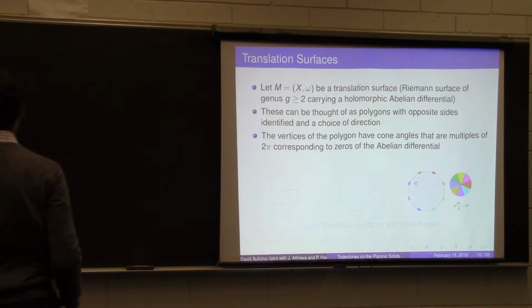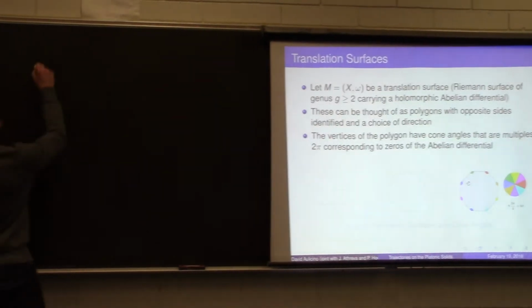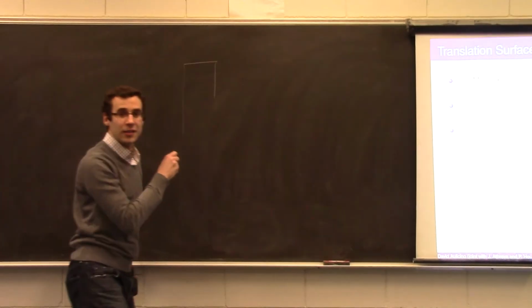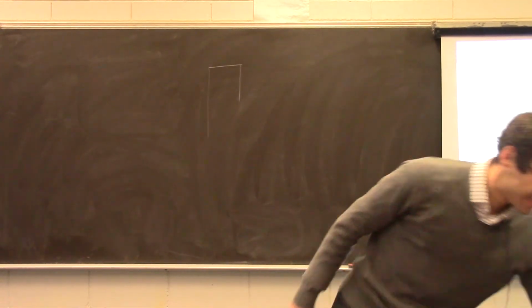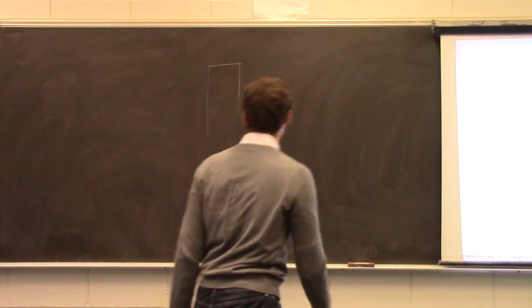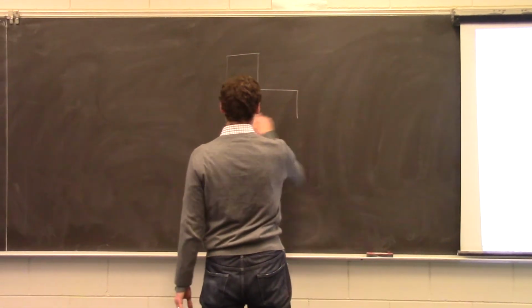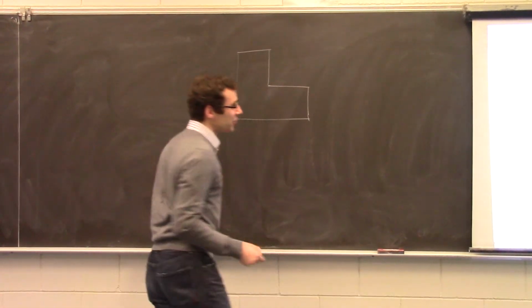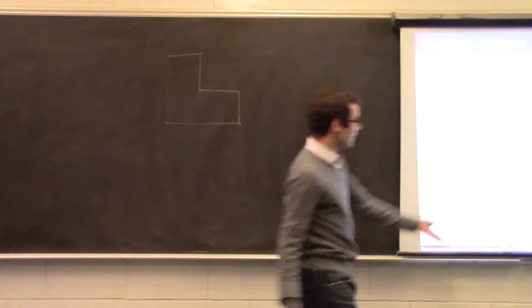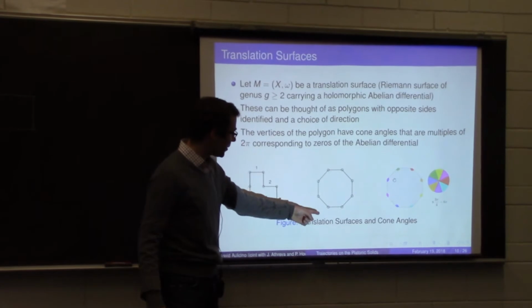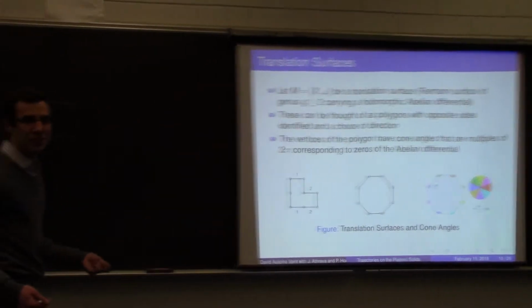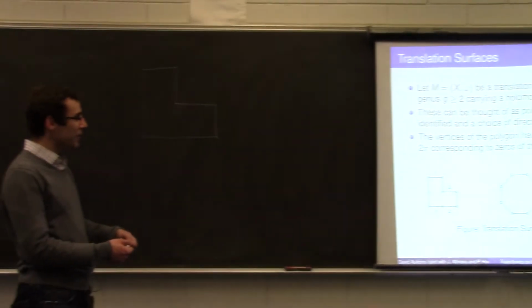So, maybe I'll just redraw. Okay, so for the octagon, opposite sides are clear, because every side has a unique opposite side that it's parallel to, and we can glue together.